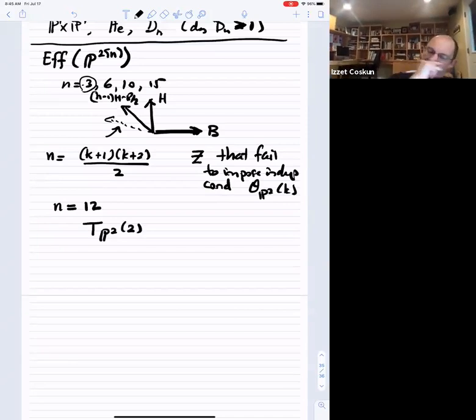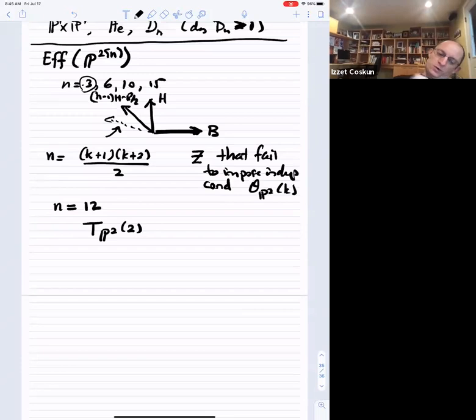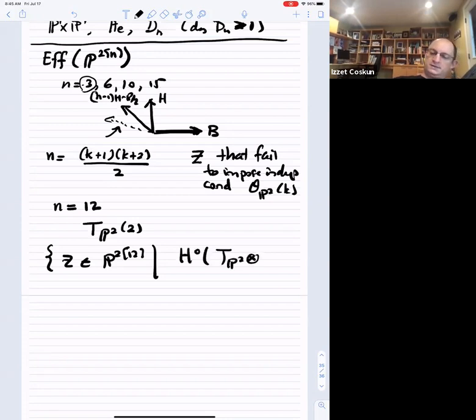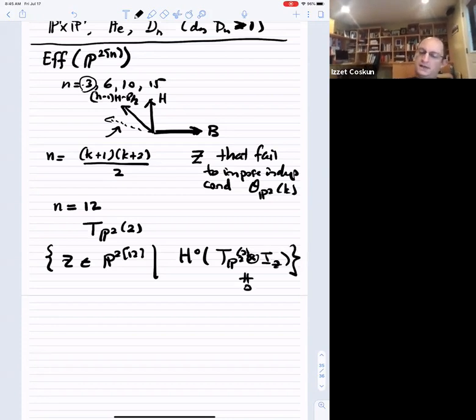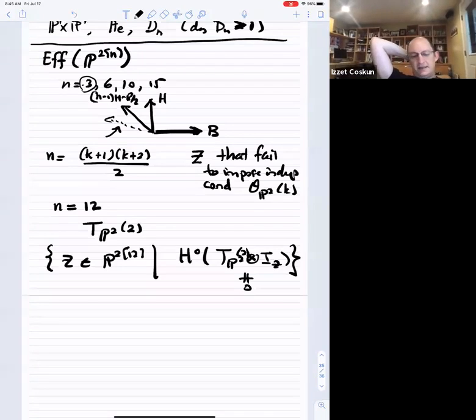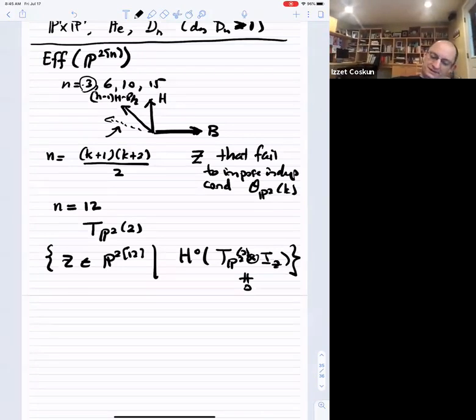And then what we want to do is look at schemes Z of length 12 such that H0 of TP2 tensor twisted by 2 tensor I_Z is not equal to 0, okay? Now I claim that this is a divisor, and in fact an extremal divisor.